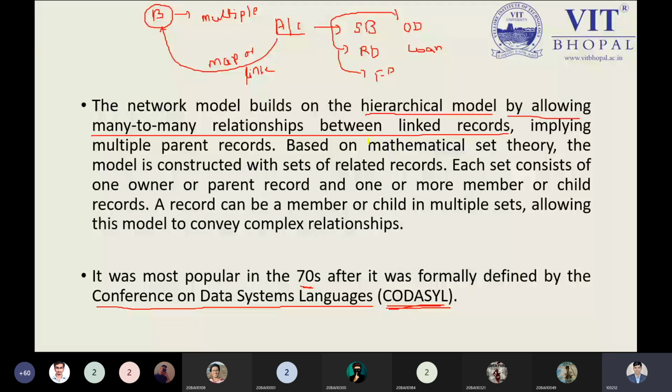If we are creating the network model, we accept that many-to-many relationships will exist between our linked records. Priti can be connected to many accounts, and this record can be associated with other parts as well in the network model. Between the customer table and account table we can have a many-to-many relationship, because many customers can be connected with many accounts.